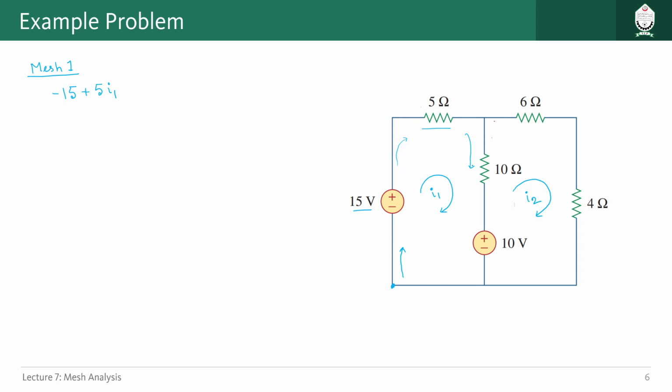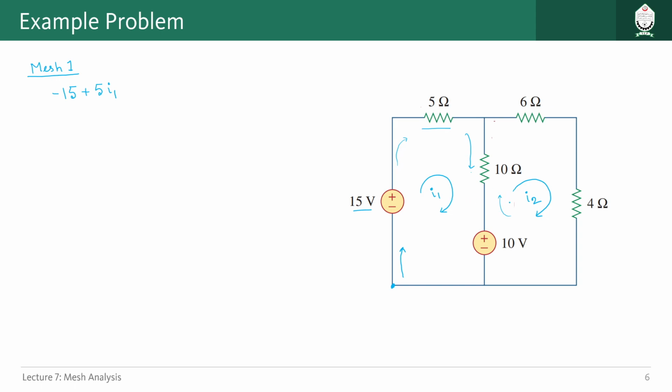Now this one is a bit tricky, because we are not calculating with our branch current. We have to calculate using mesh currents. If you look at this one, I1 is going in the downward direction and I2 is going in the upward direction.